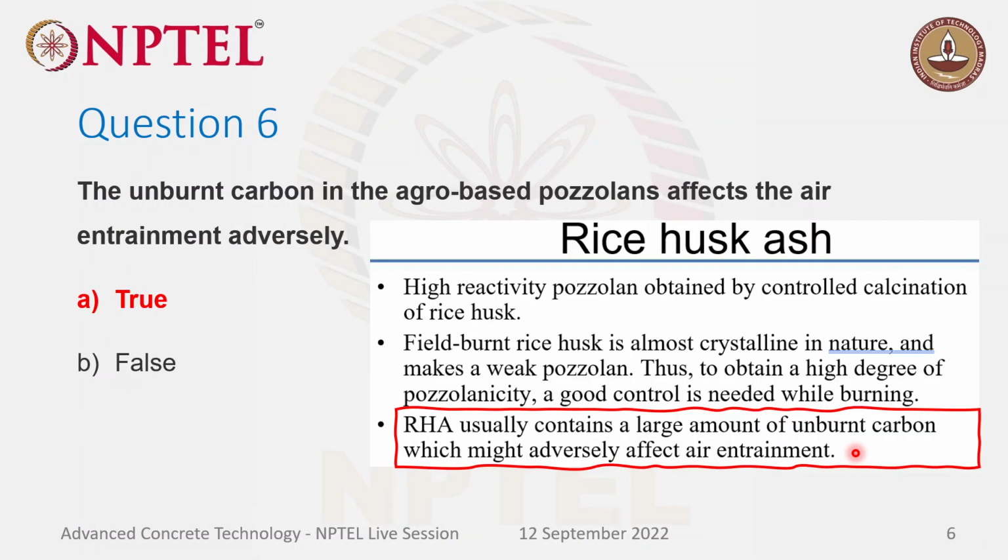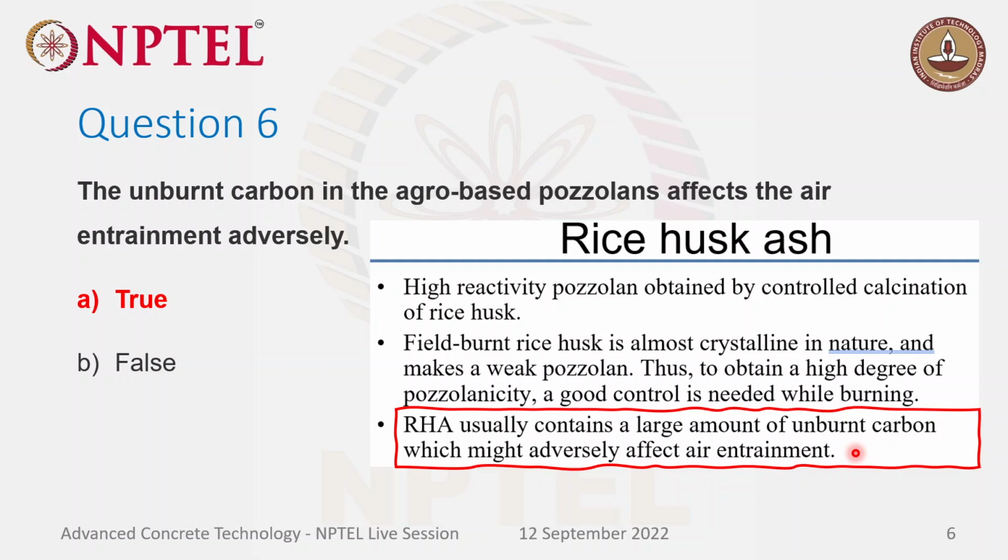When unburnt carbon is present in the pozzolan, we need higher dosages of superplasticizer to increase the workability.